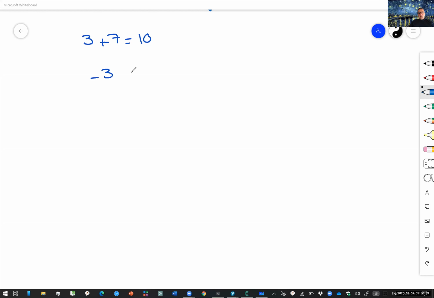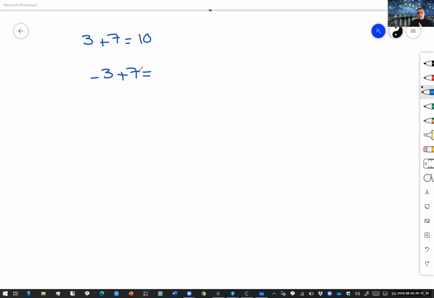So what if you had -3 plus 7. Tell me what the operation is going to be first of all. Addition or subtraction? Subtraction. Right. Remember, it's very easy. Same sign, add. Different signs, always subtract. Subtract what? Subtract the number with the smaller absolute value from the number with the larger absolute value, right?